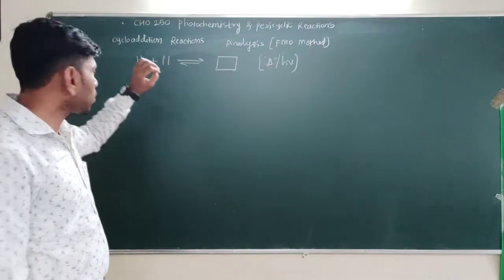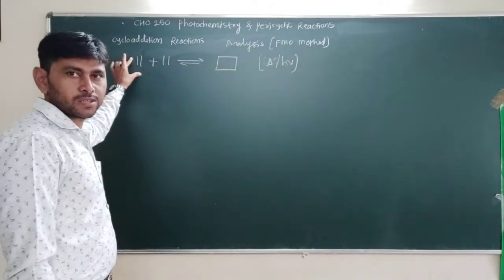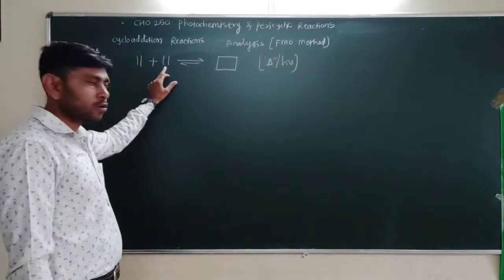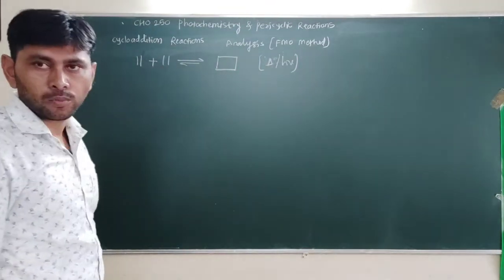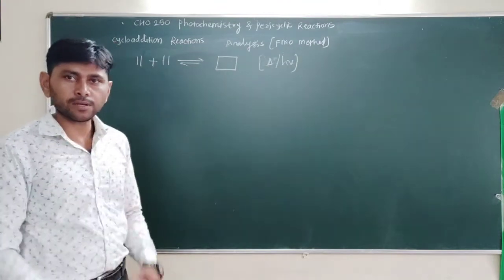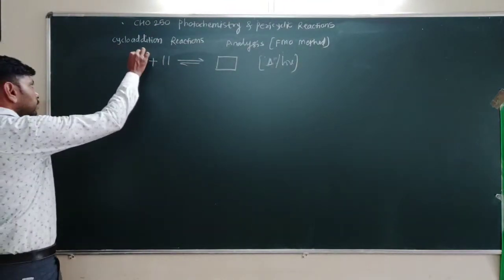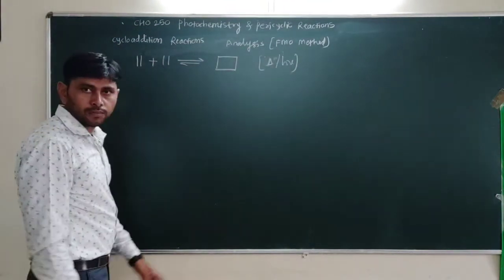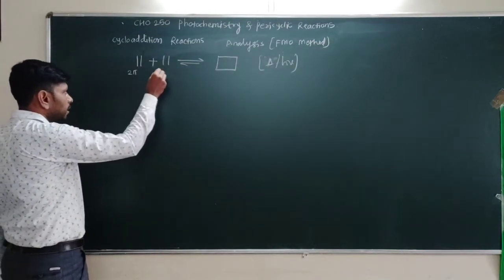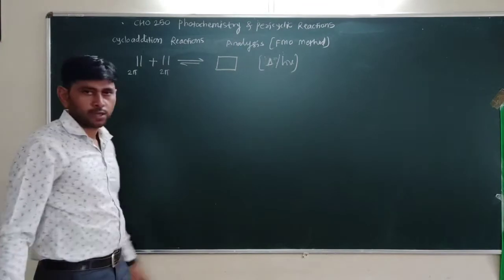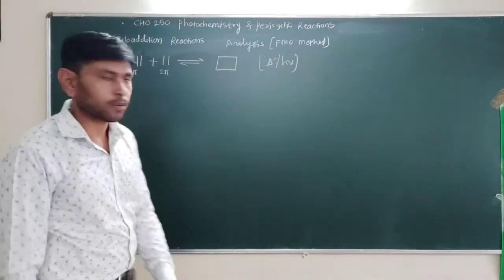So first we have to draw the molecular orbitals of the first unit and of the second unit, and find out the HOMO and LUMO. Let's see the example, you will understand directly with that example. Here a 2 pi electron system interacts with another 2 pi electron system, so that we get the cyclic product.